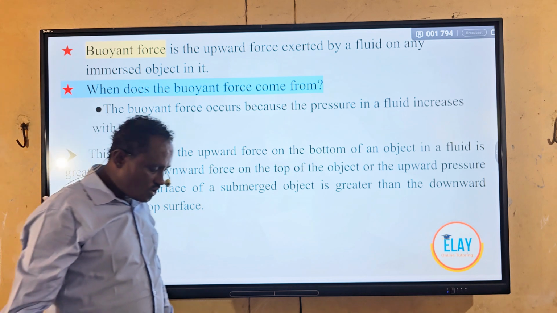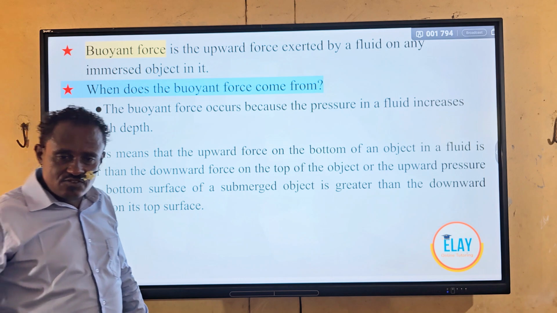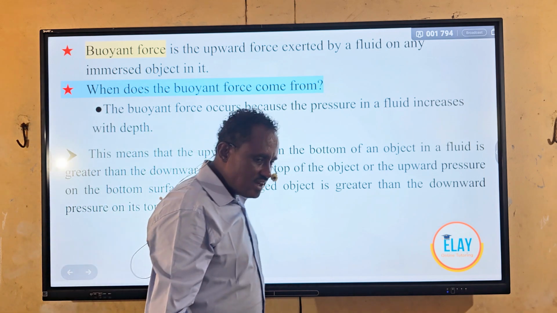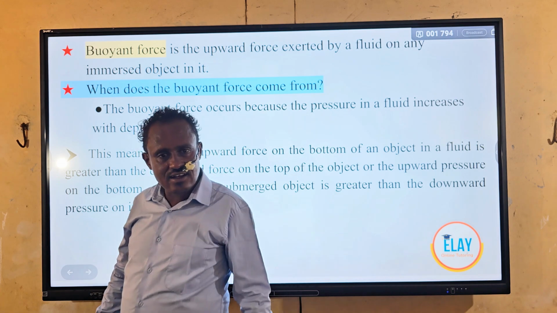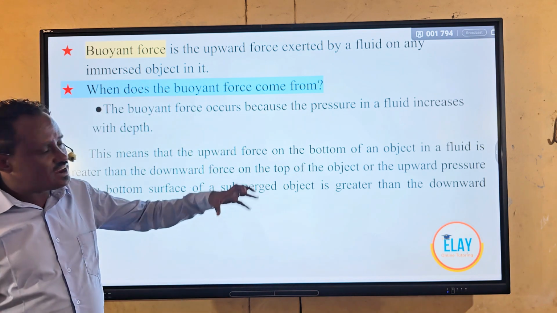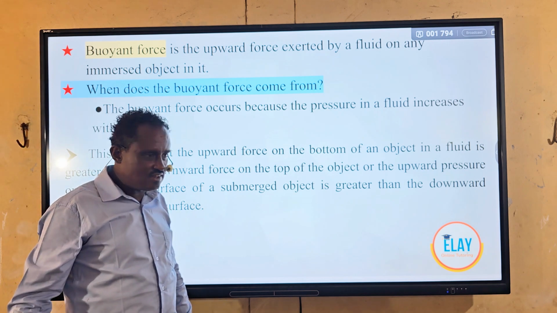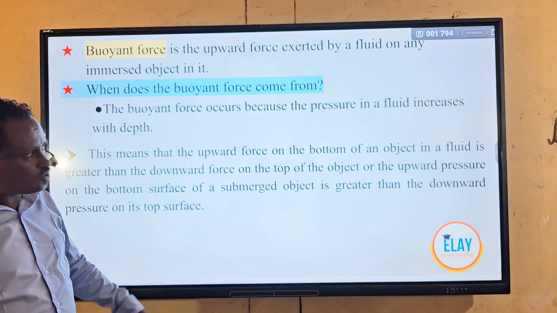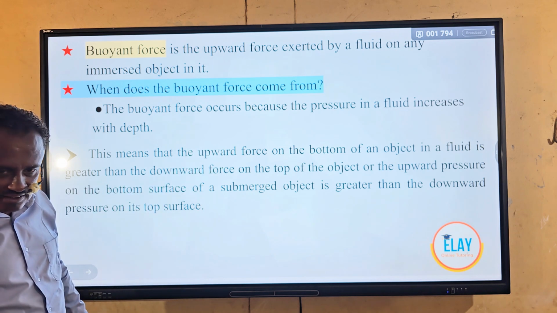This is what we know from the definition of pressure, which is defined as force per cross-sectional area. That means pressure is directly proportional to the force exerted by the fluid. That is why we say when the pressure increases, the force increases, because they are directly proportional.